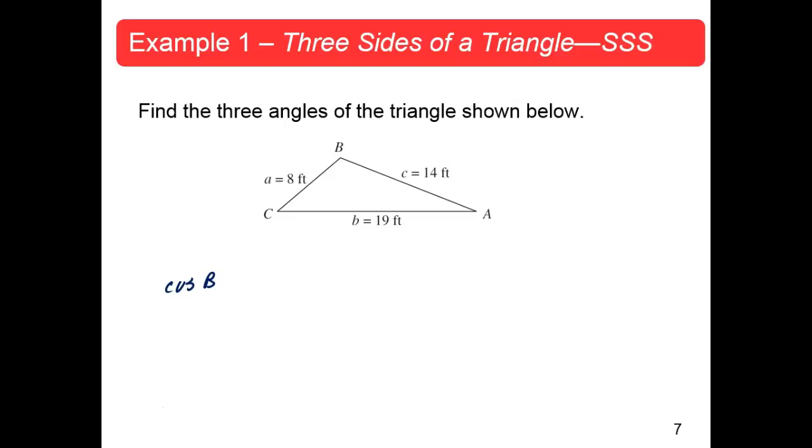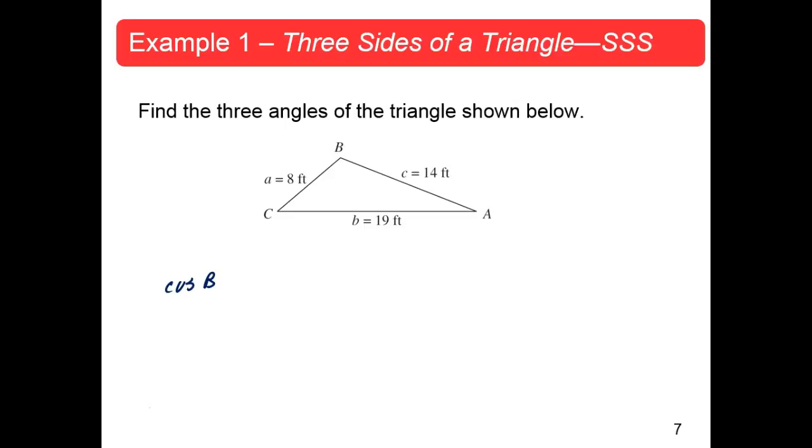Remember, sine is positive in the first and second quadrant. So an obtuse angle doesn't give you any problem with sine. With cosines, if you do have an obtuse angle, that's going to be your biggest angle, obviously, and that's going to come out negative.